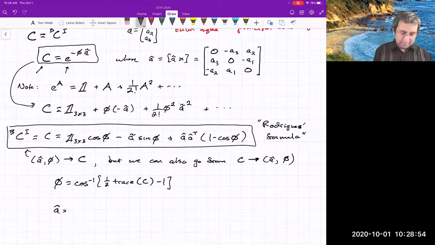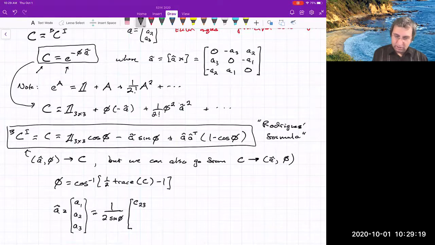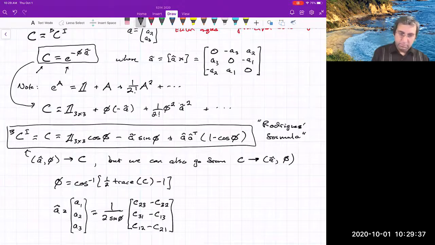The unit vector, the principal axis A1, A2, A3, is, you need to calculate this angle first, because then you take 1/2 times the sine of that angle, times a matrix written using components: C23 minus C32, that's the 2,3 component of the matrix C, then C31 minus C13, and C12 minus C21. So there we go.